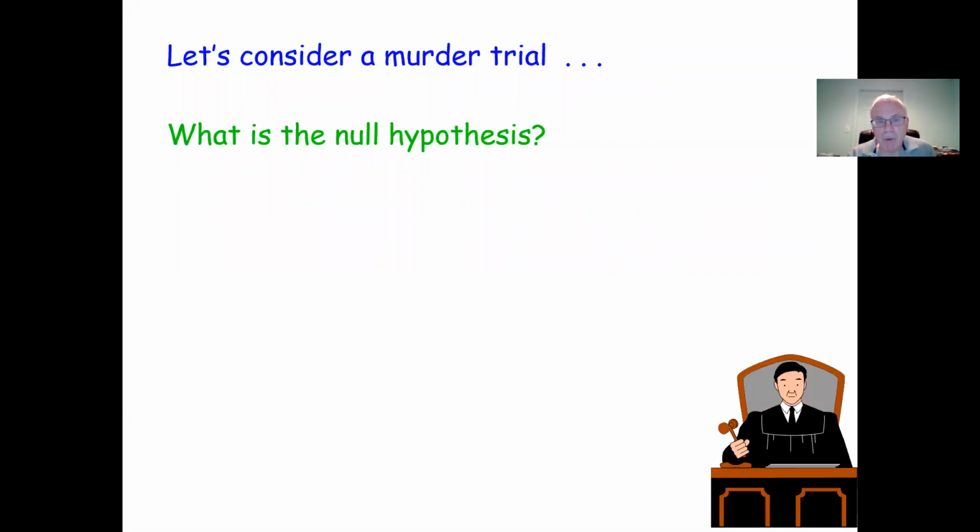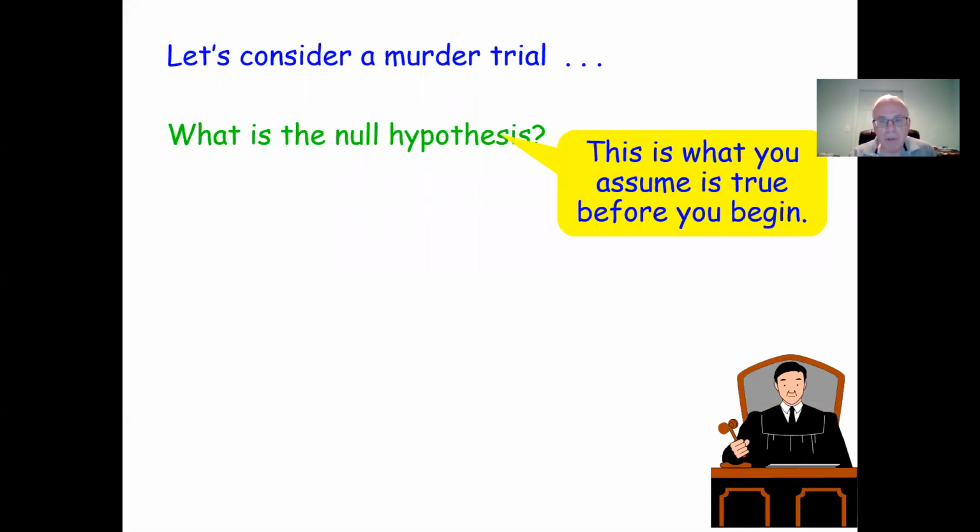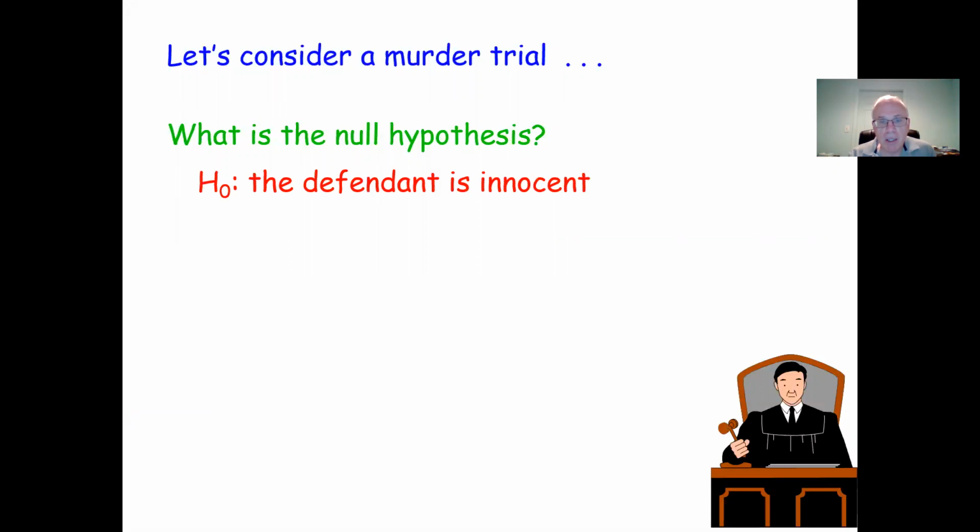With a criminal case, say for murder or some other criminal matter, the assumption made before the jury looks at any of the evidence is that the person on trial is innocent. That's what we call the null hypothesis in this case: the defendant is innocent. Notice that we're writing the words out. When we actually do hypothesis tests, we'll be using symbols and numbers, but this is just an analogy.